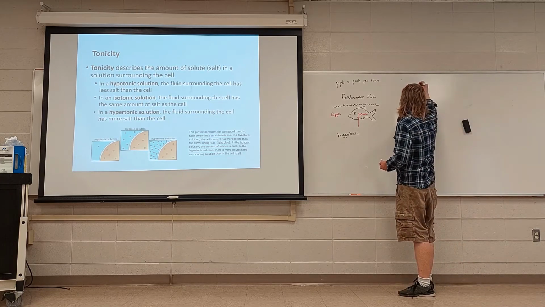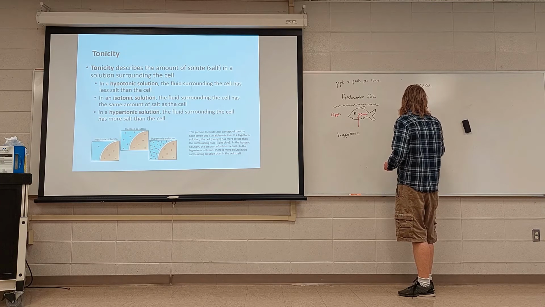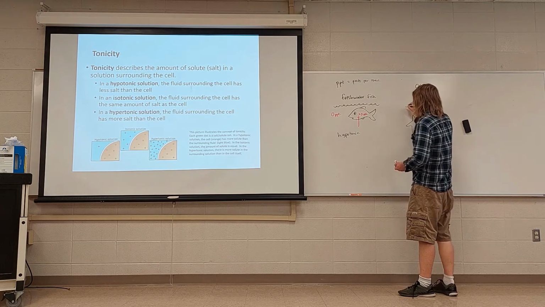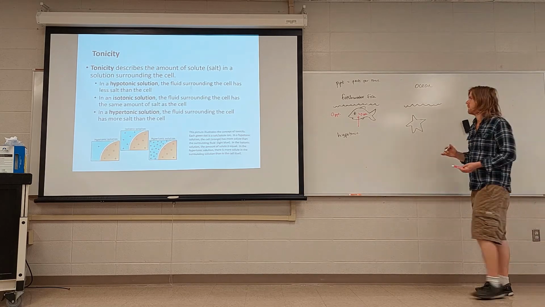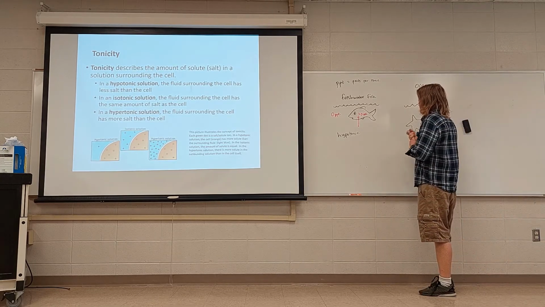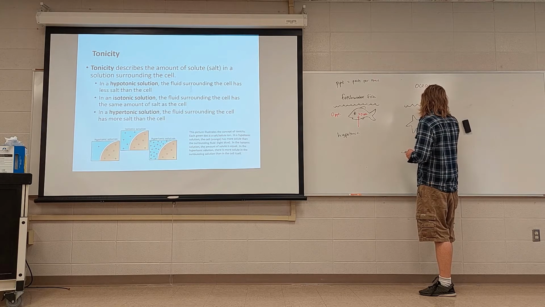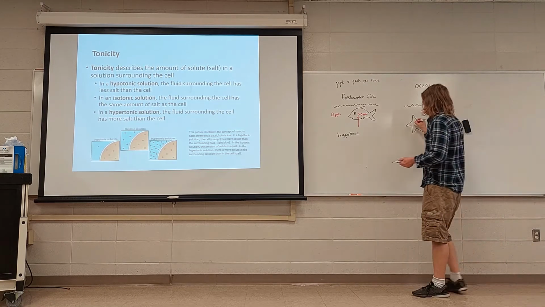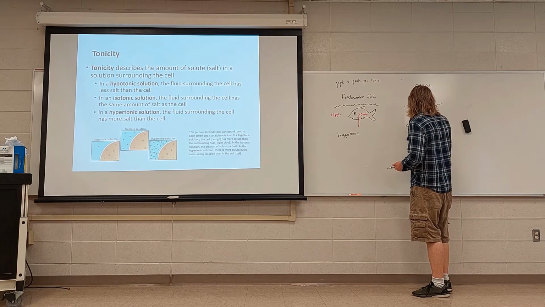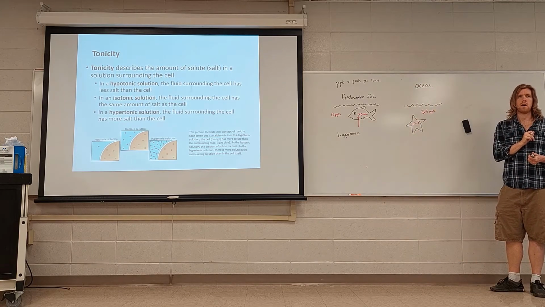Now let's go into the ocean and let's take a look at a starfish. So ocean water, in terms of salinity, amount of salt, is around 35 parts per thousand. Starfish have tissues that match the ocean's salt content.